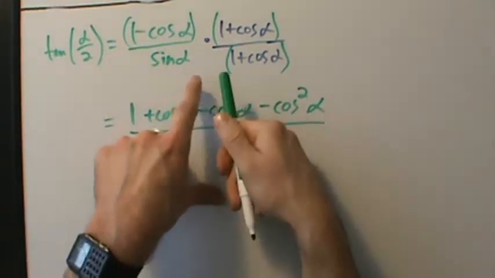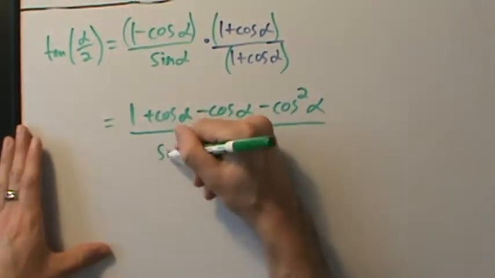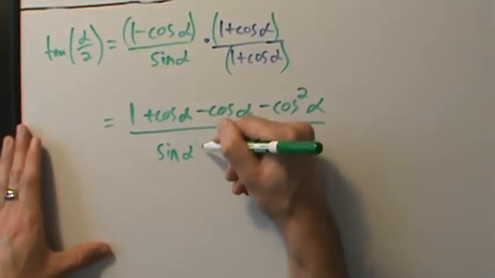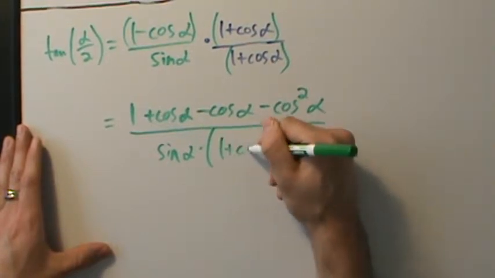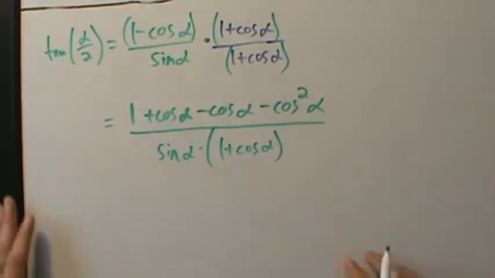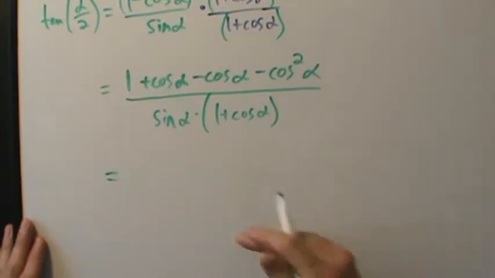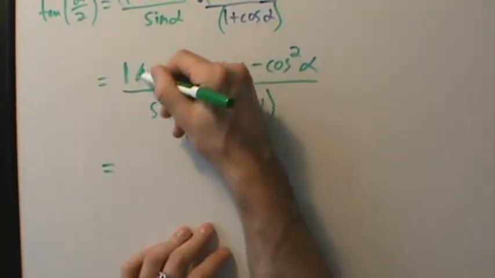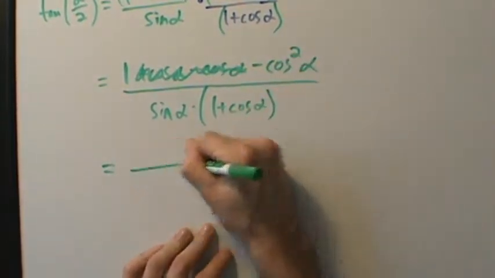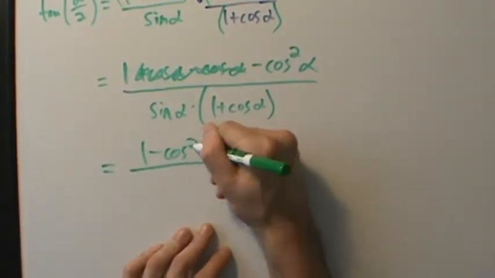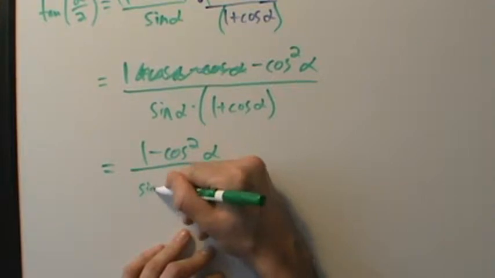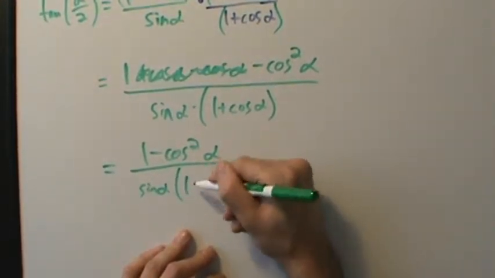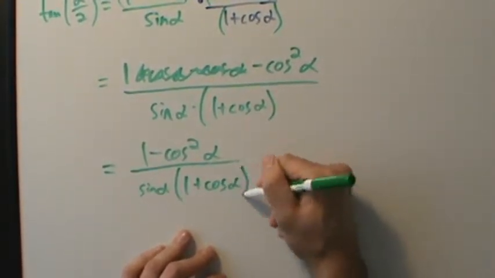And on the bottom, let's leave it factored, so don't distribute. So we have sine of alpha times 1 plus cosine of alpha. If we simplify, plus cosine alpha minus cosine alpha cancel, that's great. So now we're just left with 1 minus cosine squared of alpha divided by sine of alpha times 1 plus cosine of alpha.